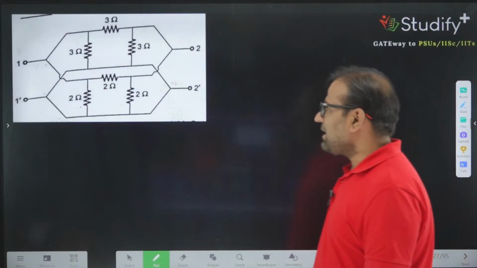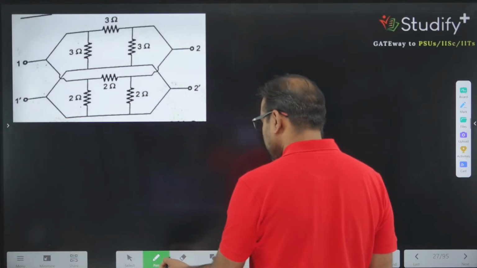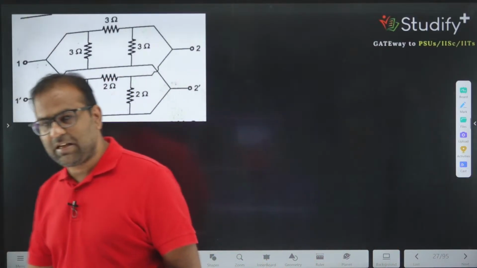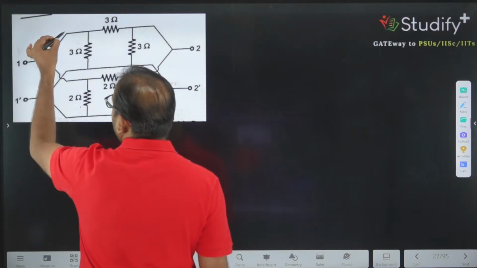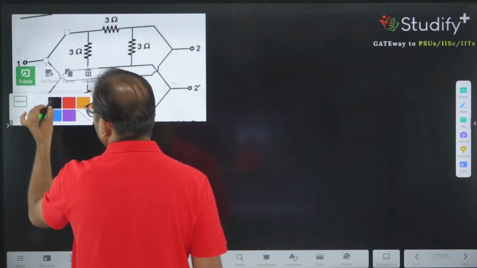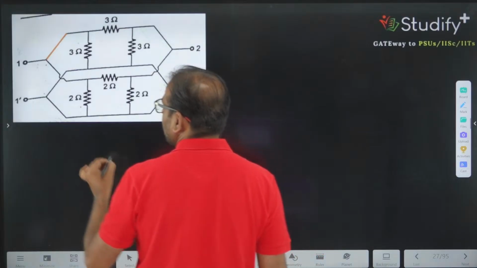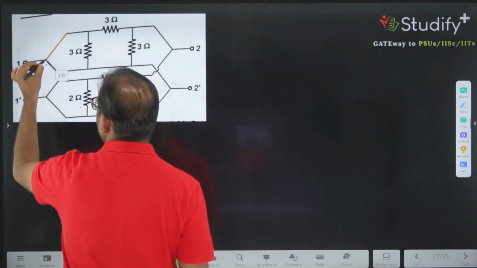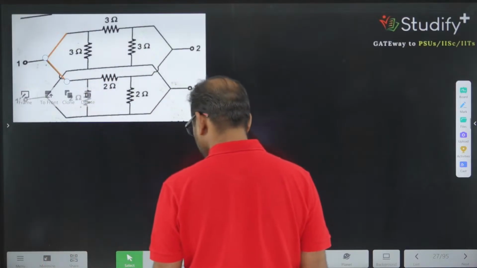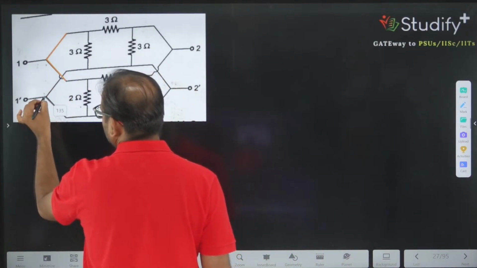Okay, let's say this is one network and I am interested in the Y parameter of this network. So you can say this is given in which fashion this arrangement is given. So you can say the supply point, the top node of both the networks are connected, and the bottom node of the network is also connected.